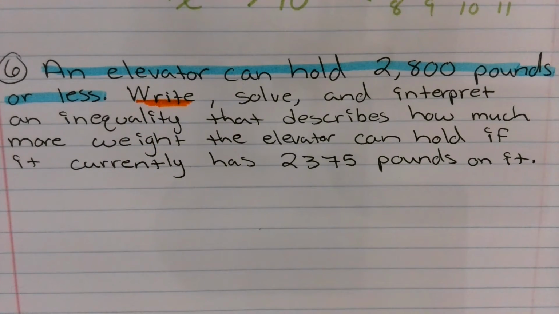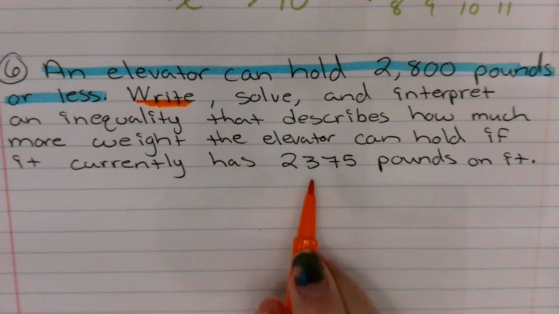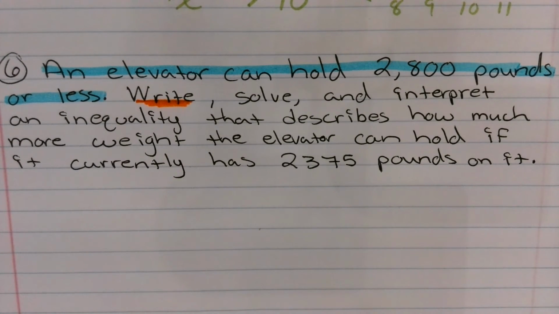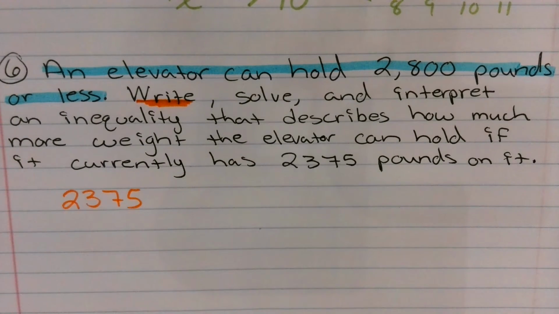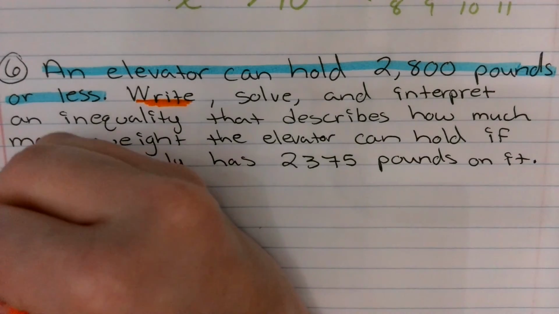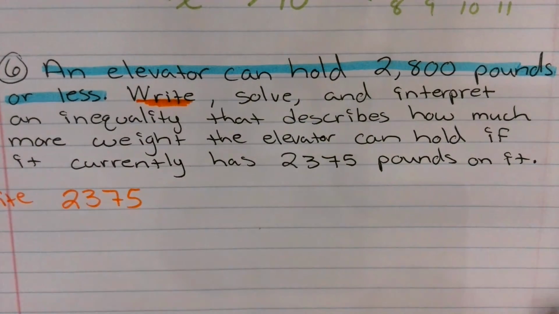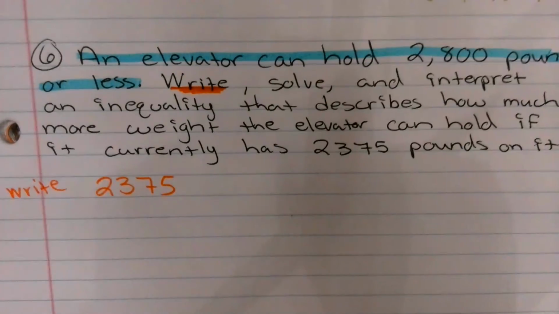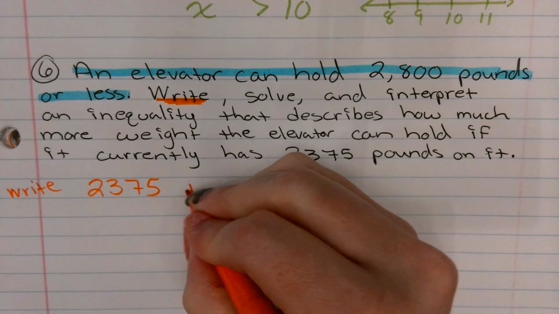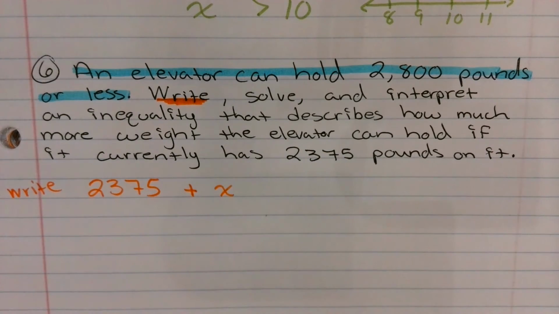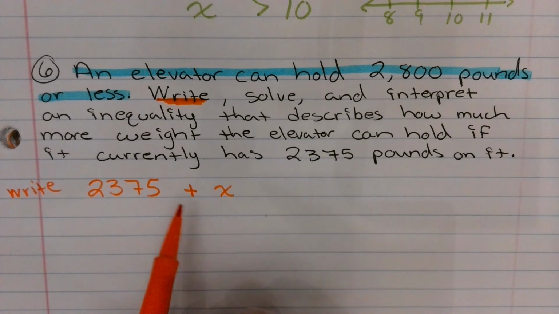We're going to write an inequality first. So right now, the elevator's got 2,375 pounds on it. I'm starting off with 2,375 pounds. So this is my writing portion. Now, I know that I can still add some more weight on. I don't know how much weight yet, but I know I can still increase the weight, and then I can get to my cutoff.